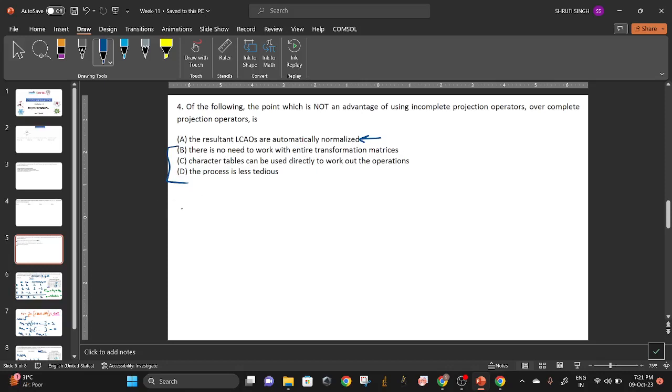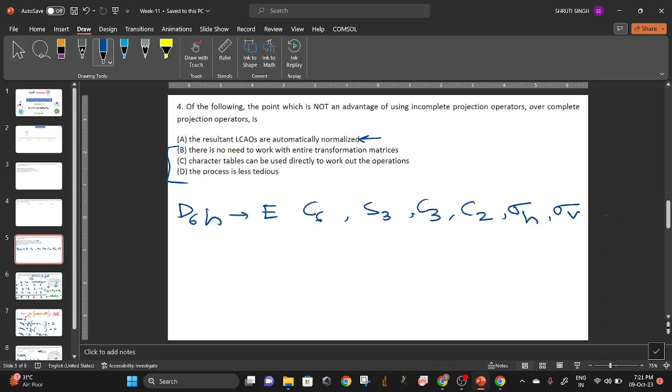Suppose we have a point group, suppose D6h. Here how many operations will be there? E, C6, S3, and C3, C2, sigma v's, sigma h. So many will be there, right?